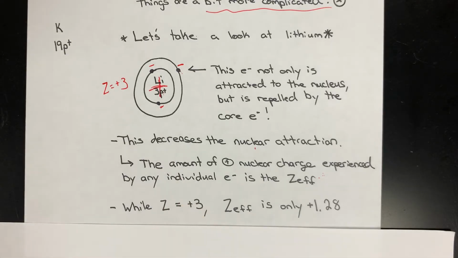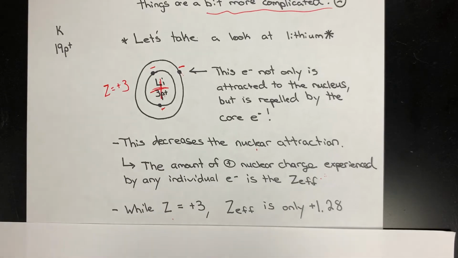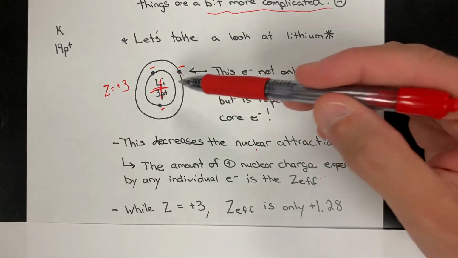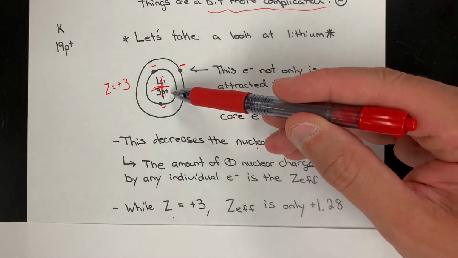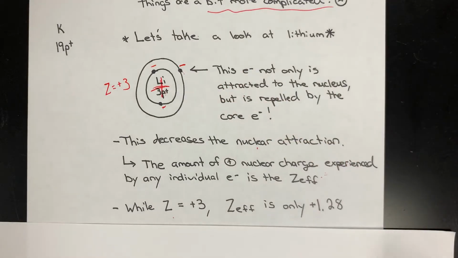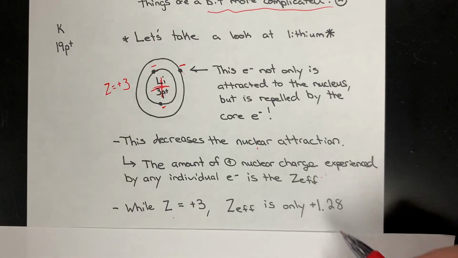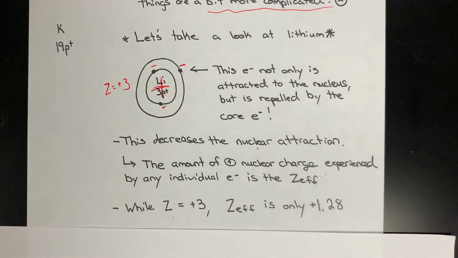So in the case of lithium, while you might think its nuclear charge is +3, because these core electrons have the ability to diminish the nuclear charge and repel the valence electrons, the effective nuclear charge is almost like the nucleus is really only pulling with a force of +1.28, okay?